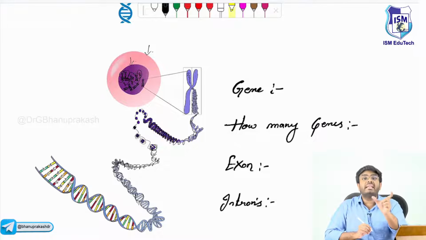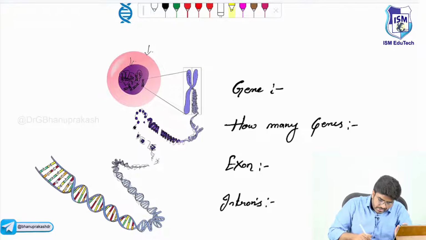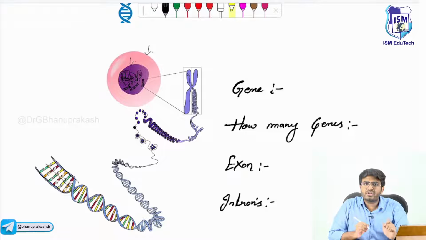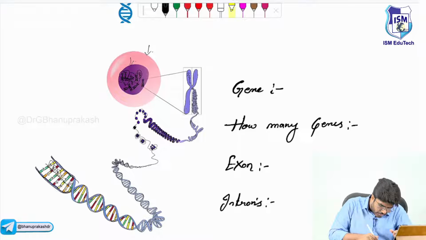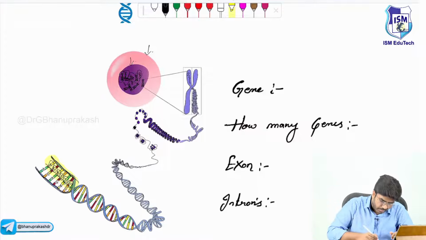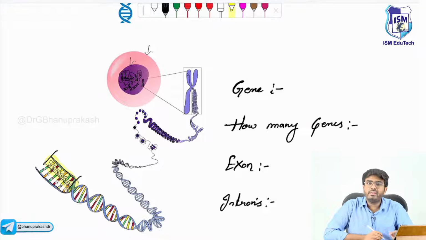Now, in this DNA, what do you have? See here, this is one strand of the DNA, this is the other strand of the DNA. What does the DNA consist of? It consists of nucleotides. You can very clearly see here, these are the nucleotides. Now, a series of nucleotides or the sequence of these nucleotides, for example from here till here, will be one gene. So what exactly is a gene?